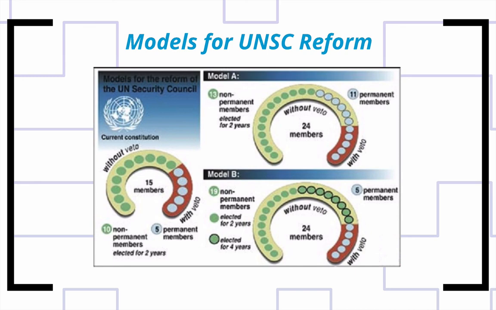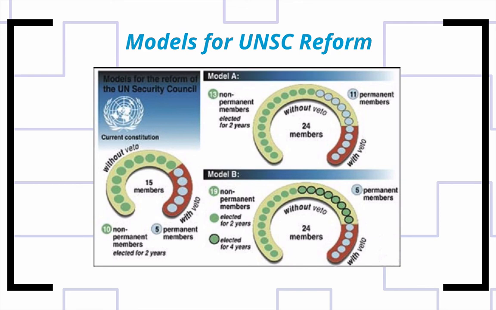So the model in Model A is you would have 11 permanent members. You would retain the 5 permanent members with veto, right? So only some of the permanent members would have veto. And then the remaining members would be non-permanent members who are elected on a 2-year cycle like they are currently.